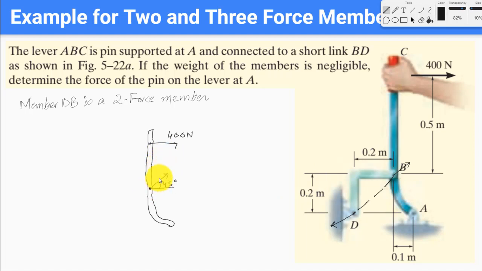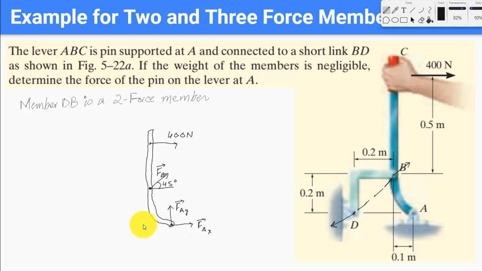I'll just call it FB. The support provided at point A would be in terms of two forces rather than one, so we get Fa x and Fa y.